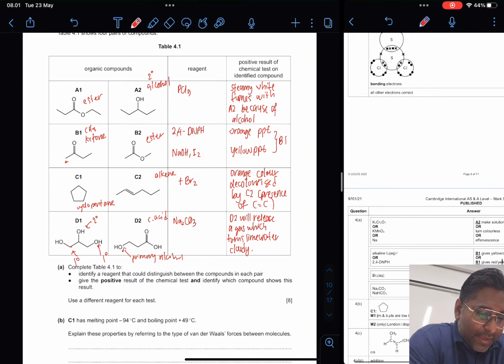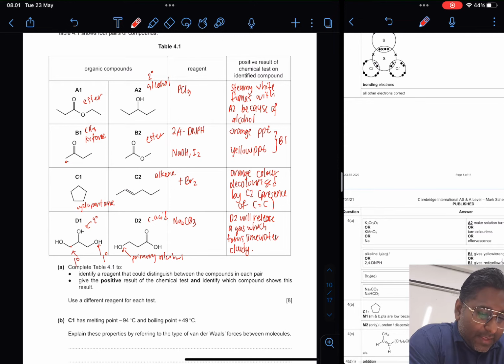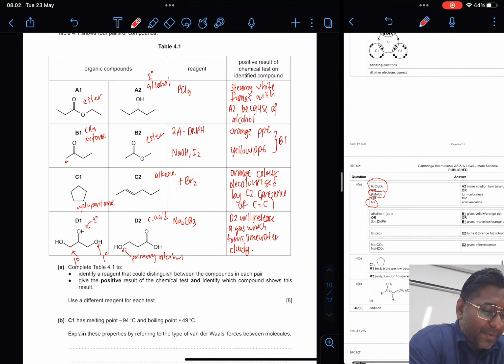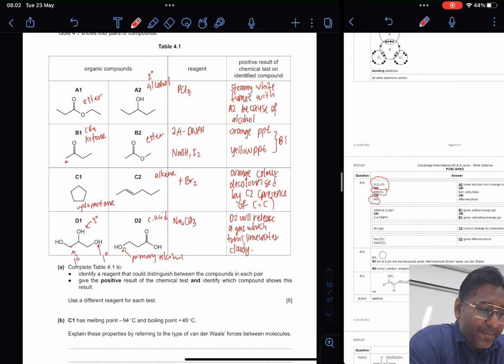In the answer key, for the first part, they use K2Cr2O7, KMnO4. They even use sodium. But I think using PCl5 is still acceptable. With PCl5 you can still get the steamy white fume.